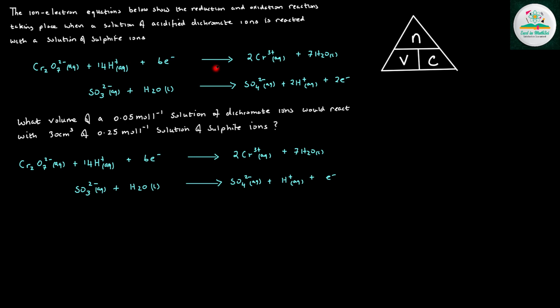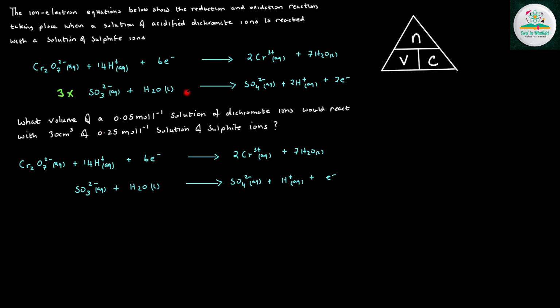In order to do this type of question, the first step would be to balance the number of moles of electrons. We've got 6 moles of electrons here, we've got 2 moles of electrons here. So we require 6 moles on this side, so we multiply this one by 3.